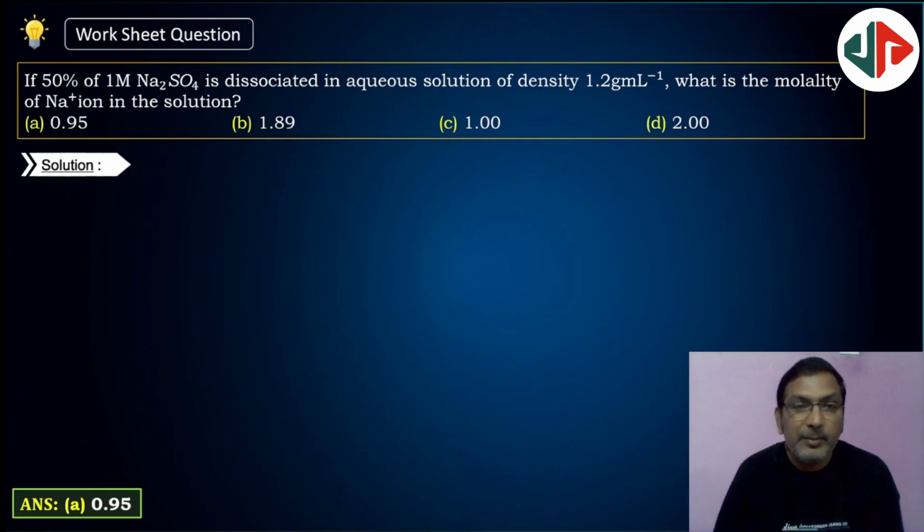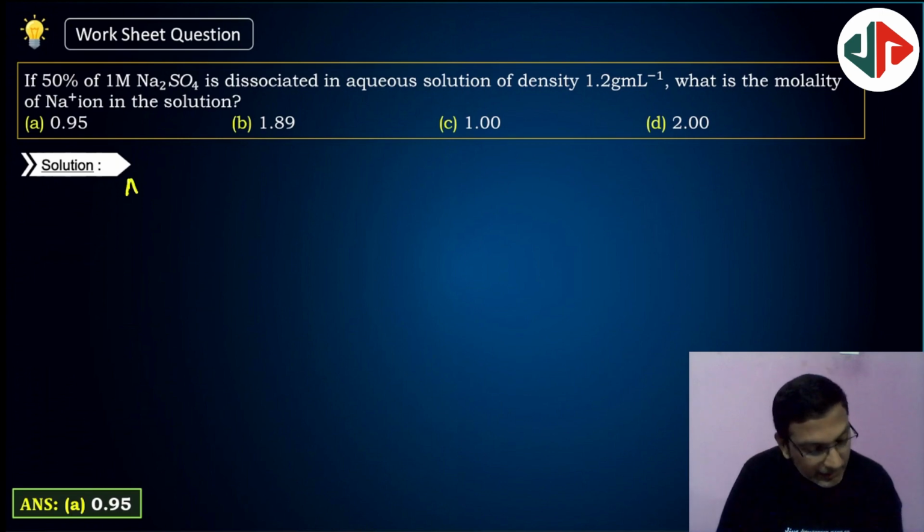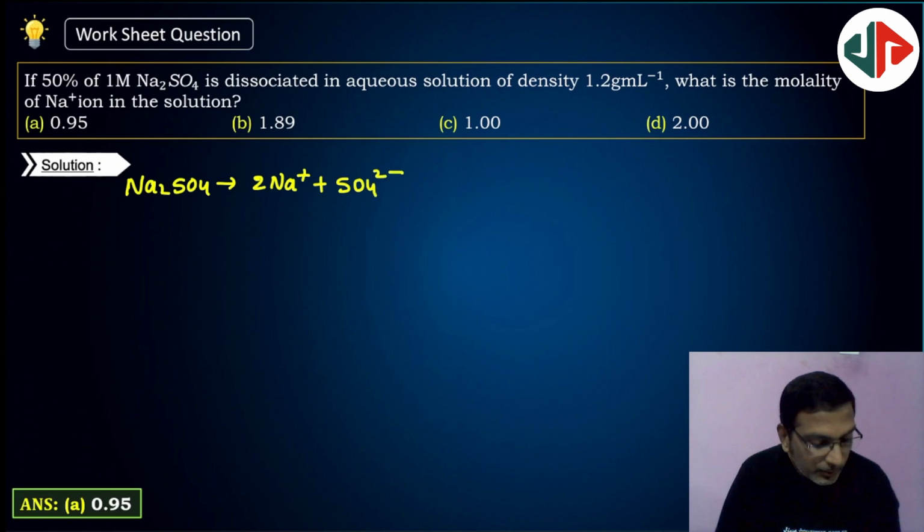If 50% of 1 molar Na2SO4 is dissolved in aqueous solution of density 1.2 grams per ml, what is the molality of Na plus in the solution? Here first Na2SO4 is given. Na2SO4 dissociates to 2Na plus and SO4 2 minus. Here 1 molar given.